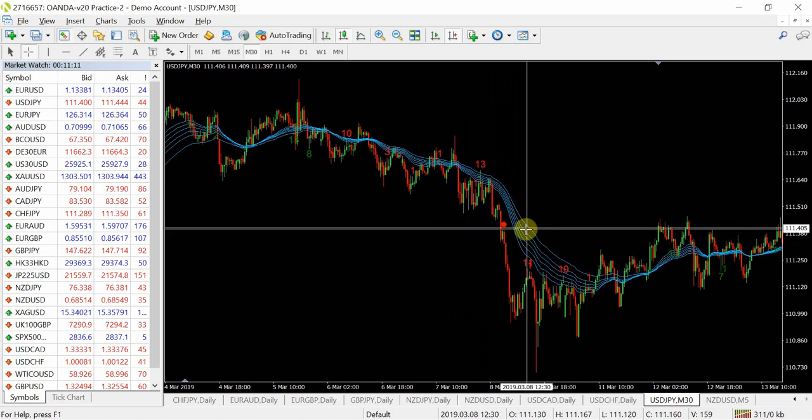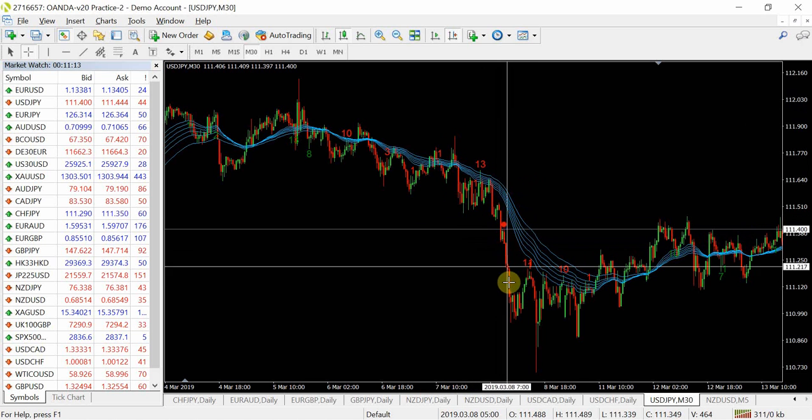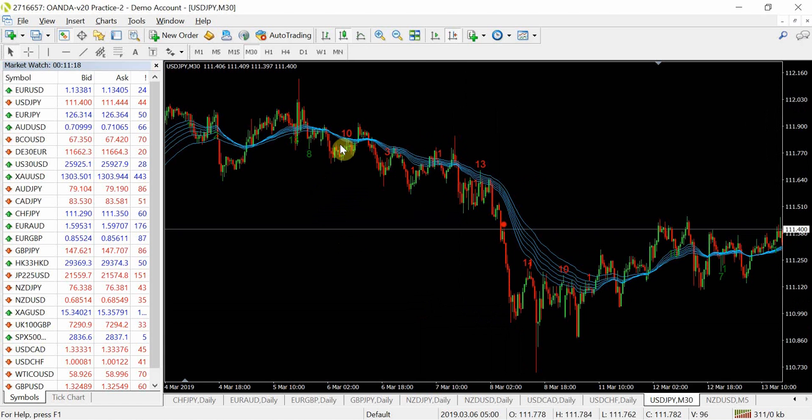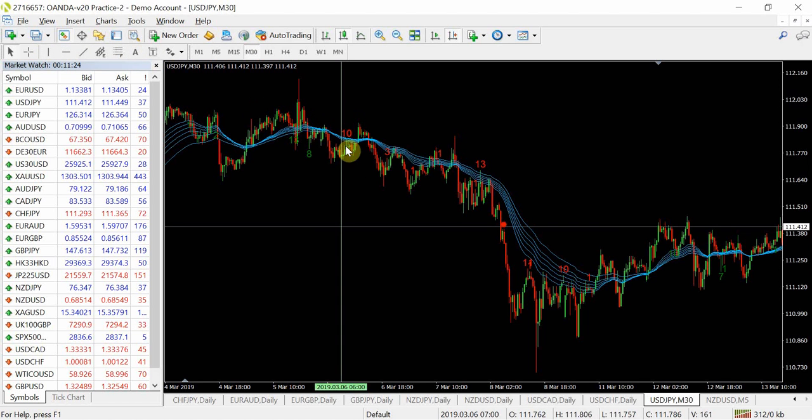So you can say this bit here, where they're really far apart, you can see a very deep downtrend. Let's say about here is where all of these moving averages line up, from 30 all the way up to 60, in chronological order, and you get your first sell signal over here.